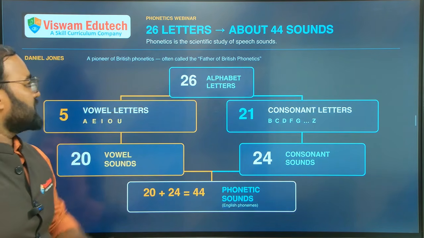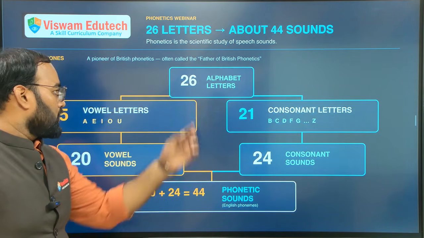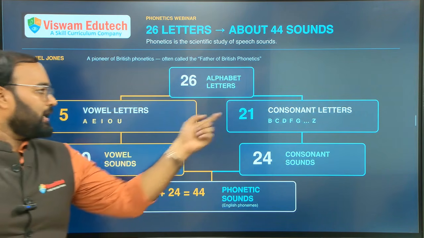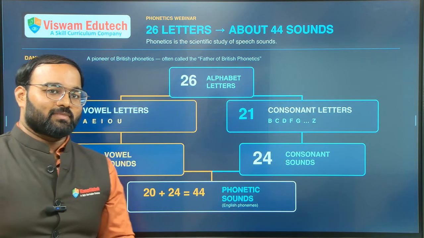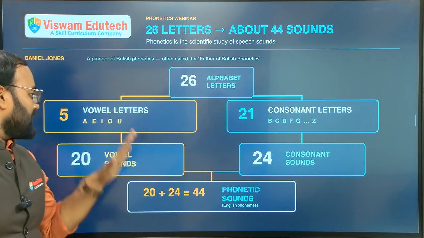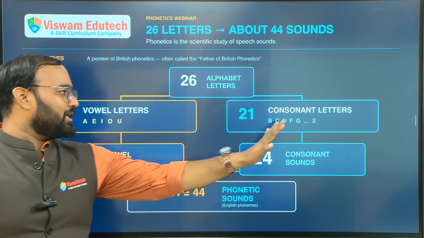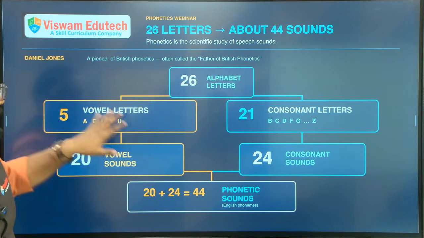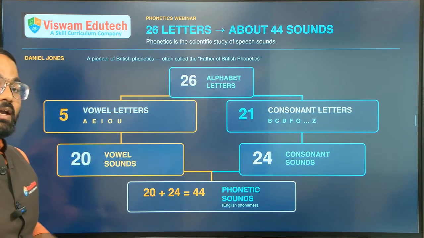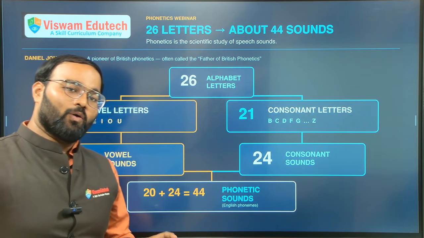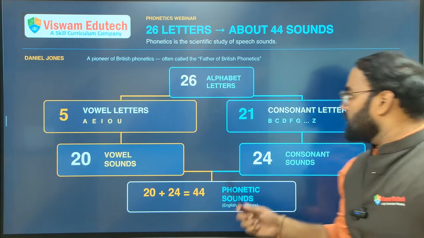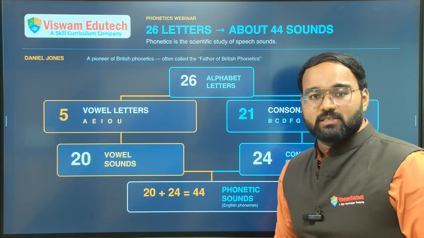So these 26 letters, we have two partitions, vowels and consonants. We know this, right? There are 5 vowels and 21 consonants. What are these 5 vowels?